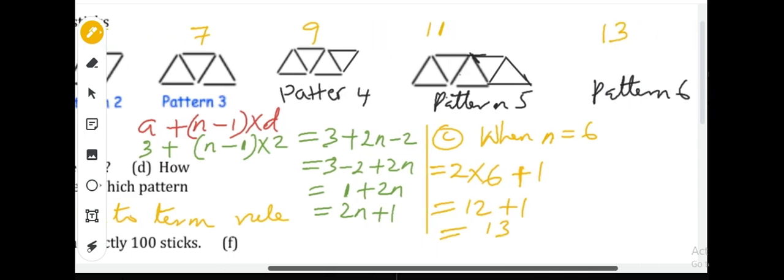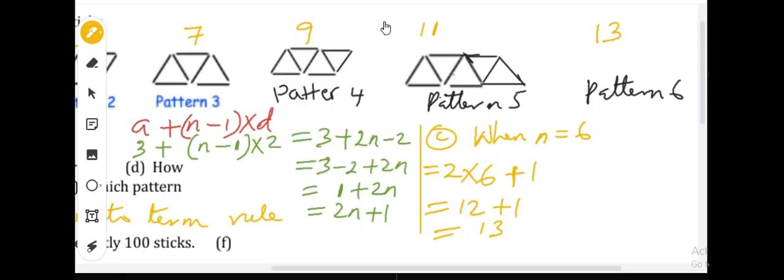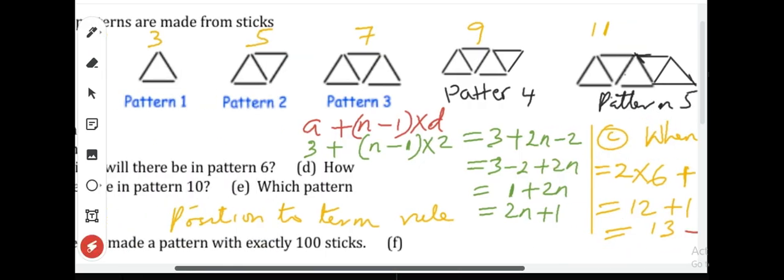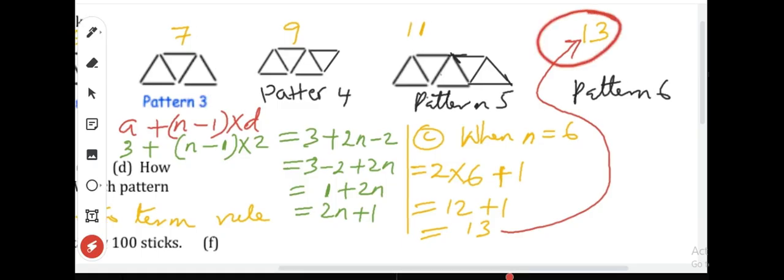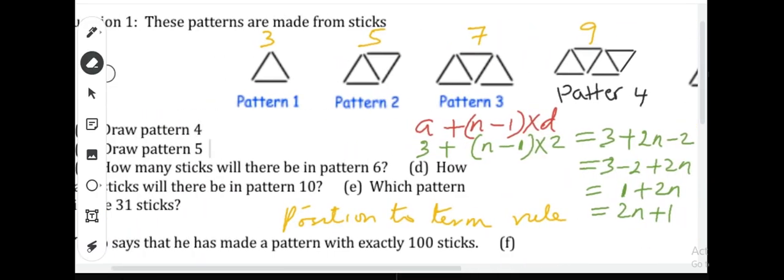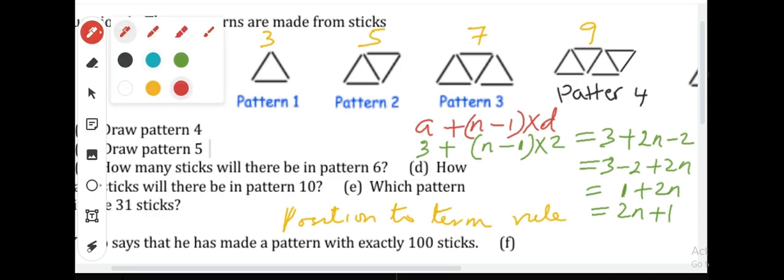And that's exactly what we got. It's the same value we are getting here, so any method can be used. So when n is equal to 6, or pattern 6, we have 13, which we would have gotten by adding 2, because the term to term rule is plus 2.